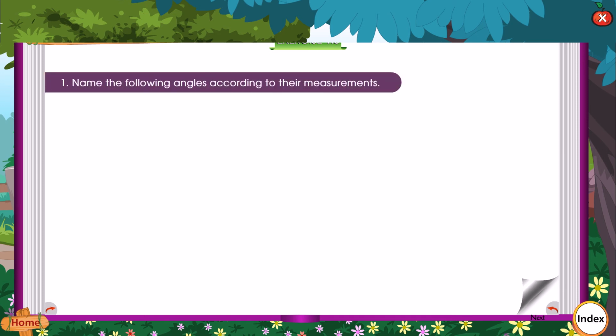Exercise. Name the following angles according to their measurements.